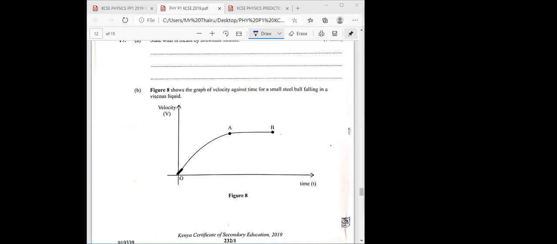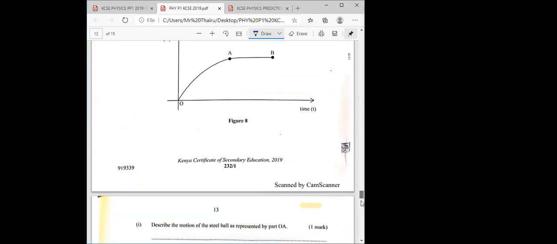There is an increase in velocity, but the curving is lowering the gradient before attaining this velocity. So in short, let me just give you the answer. There is a decreasing acceleration here. I'm not saying it is decelerating. Remember, it was accelerating, but the rate of acceleration here is reducing. So we can say the body is moving with a decreasing acceleration.